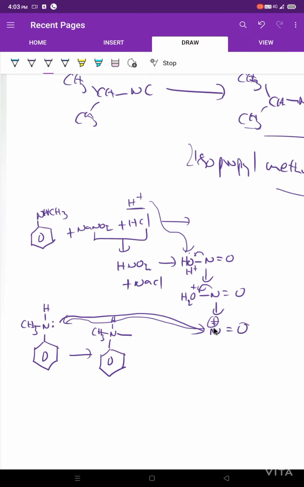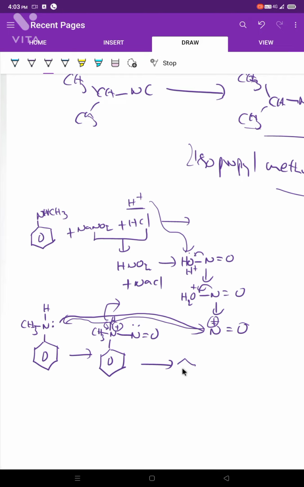This lone pair of electrons is donated to N plus. Then you can get N double bond O, and nitrogen gets the plus charge because it loses these electrons. Simultaneously H plus is removed from here, and the lone pair of electrons is restored here.